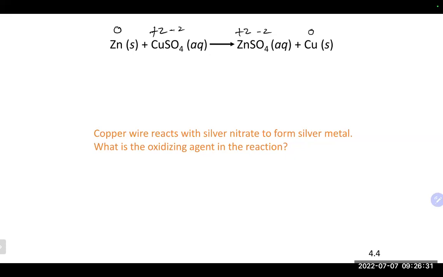What is being oxidized here? Take a second. What is being oxidized? What is being reduced? What is the oxidizing agent, and what is the reducing agent?